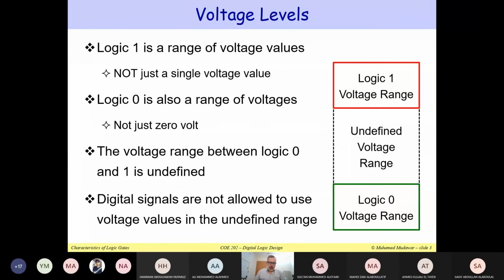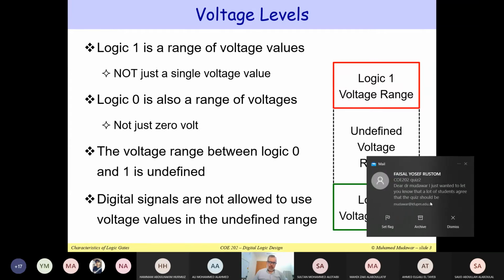The same thing can be said for logic 0. So we also have a small range here. Let us say not just 0 volt, it might be between 0 and 0.2 volts. In between, there is an undefined voltage range. Now, notice that when you have a digital signal, the signal is going to go from 0 to 1, or it's going to go from 1 down to 0.